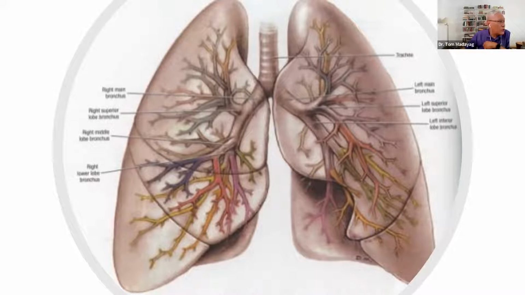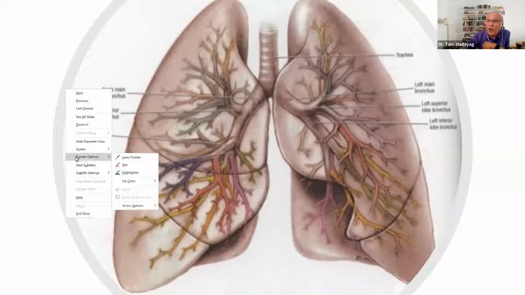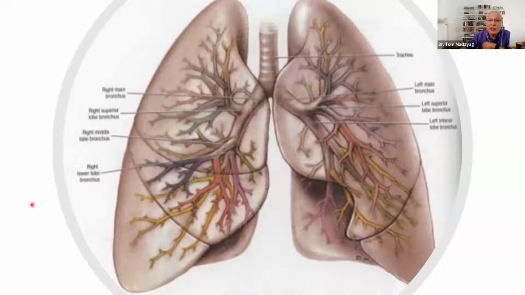So going back to anatomy, we have two lungs. I don't want to insult your intelligence, but this is just in order to emphasize the point. The right lung is divided into three main lobes right over here.